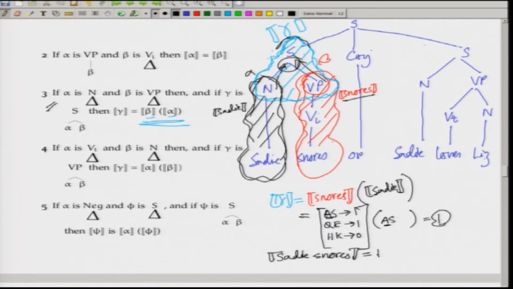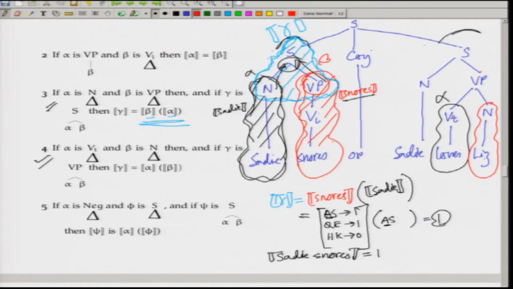Now we go to the other part, that is this part. This part we haven't considered. Now, if alpha is VT goes to something, now we can see that here alpha is VT goes to something, and if we are considering rule 4, and if beta is N goes to something, then if gamma is VP goes to alpha beta.